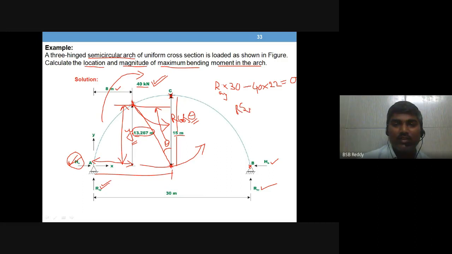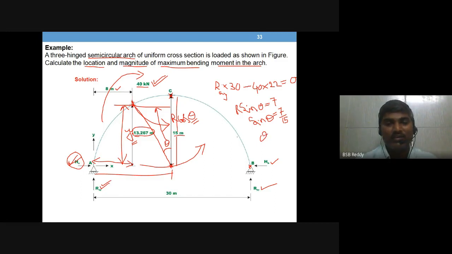So R sin theta is equal to the total, 15 minus 8, which is nothing but 7. So you know that sin theta is equal to 7 by R, which is 15. So now theta is sin inverse of 7 by 15.